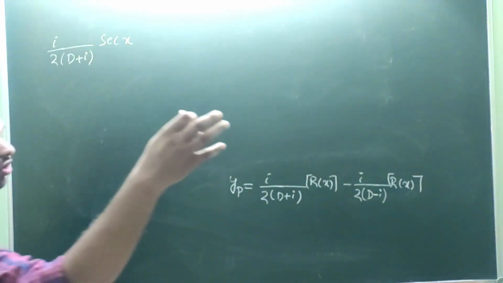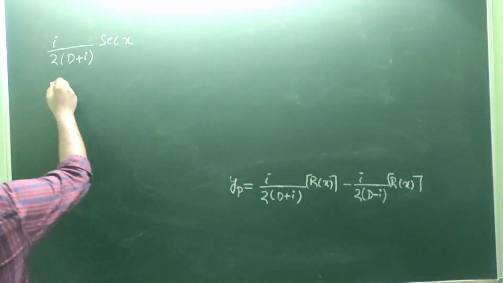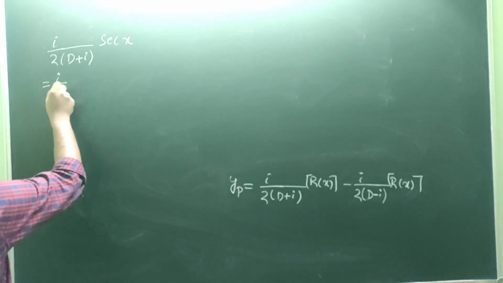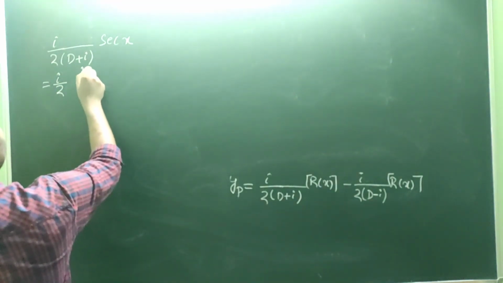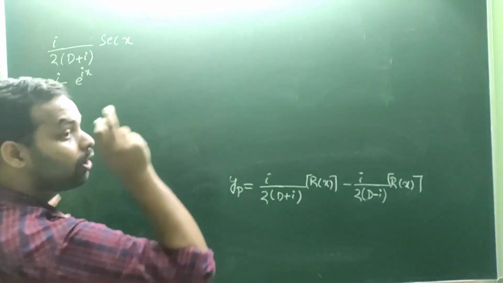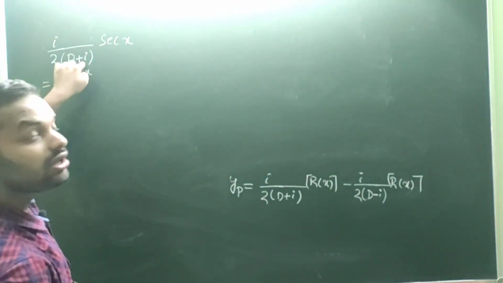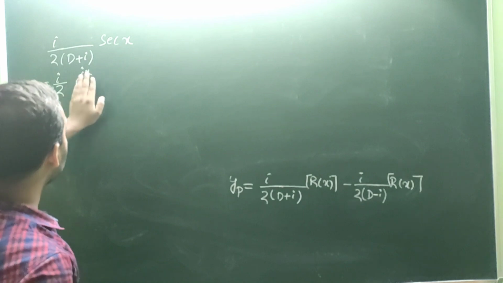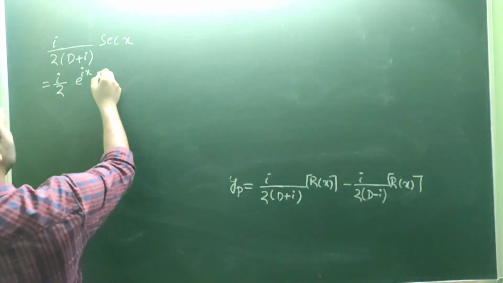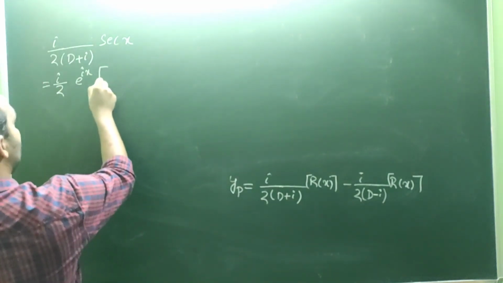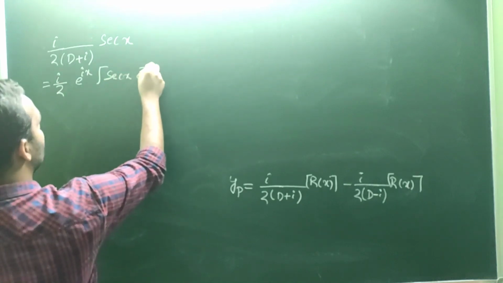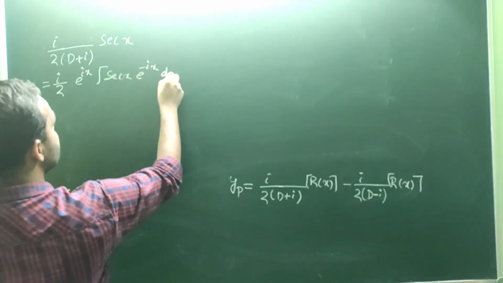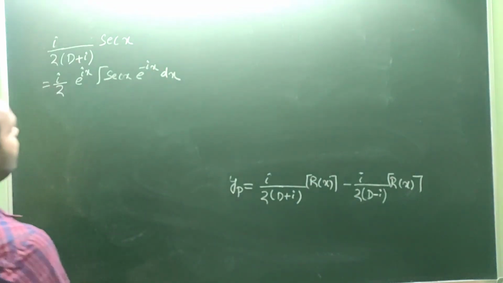By applying that formula I wrote here, this will be equal to i/2 e^(ix), because there was e^(ax), and here a is plus i, so it will be e^(ix). And the integral of sec x times e^(-ix) dx.